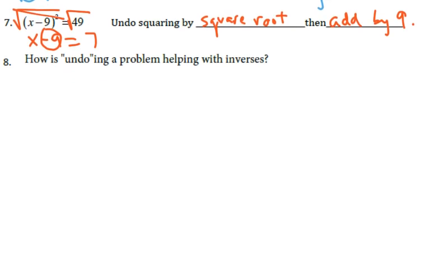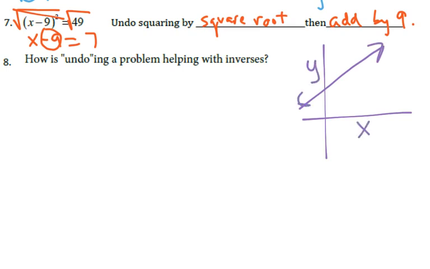Okay, so how is undoing a problem helping with inverses? Well, we talked about inverses in class today, or Friday if you're watching this not on today. So, when we looked at those graphs, one graph would be from one point of view, where this would be the x and this would be the y. And then we'd see that same information where the x and the y were switched.